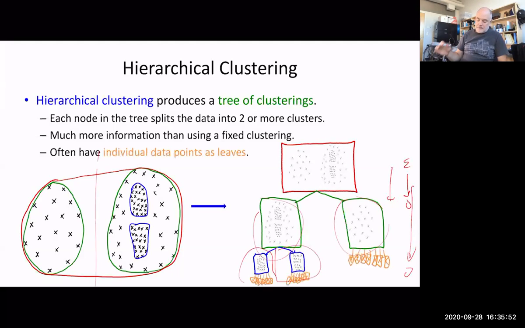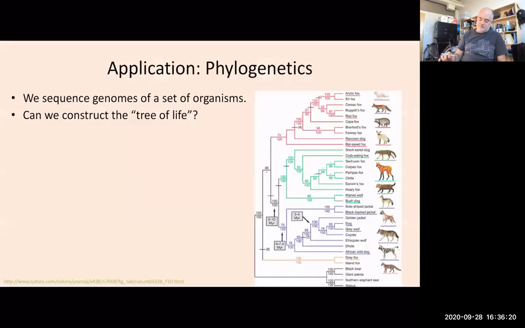And as you keep decreasing epsilon, at the end of the day, you end up with individual data points as leaves. I'll stress this a couple of times, but the point is that you have multiple clusterings of the data here. If you draw a line here, you have two clusters and some outliers. You draw a line here, you have two clusters with no outliers, and so on. So you have clusters at different levels of granularity.